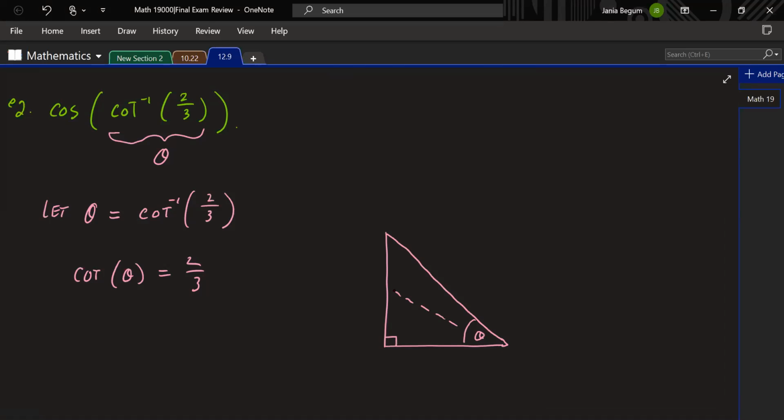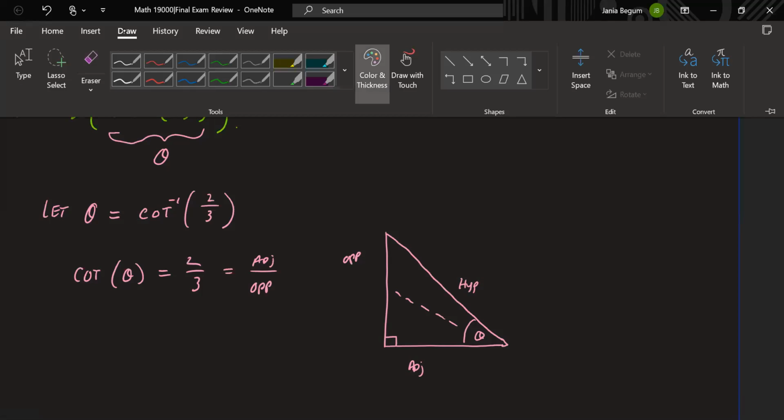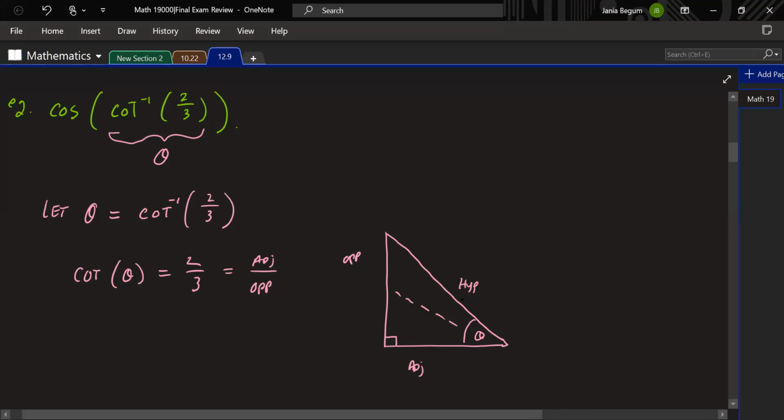So if tangent is opposite over adjacent, cotangent will be adjacent over opposite. From the picture, this is our opposite length, this is adjacent, and this is hypotenuse. So let's fill this in: adjacent is 2, and opposite is 3. Now we're looking for the hypotenuse.